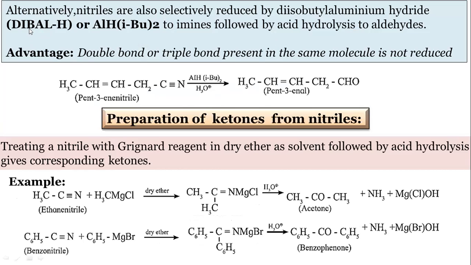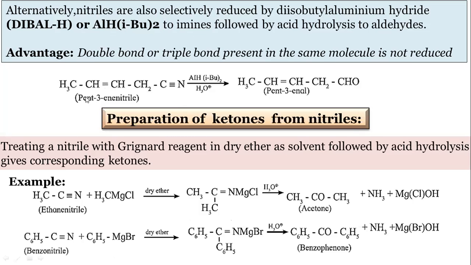It is also denoted as AlH(iBu)2, isobutyl. This is di, two molecules of isobutyl aluminum hydride. This is DIBAL-H. This is used for selective reduction. Selective reduction means that if we have to do the reduction of only this nitrile, and keep the double bond as it is, then this DIBAL-H is used.